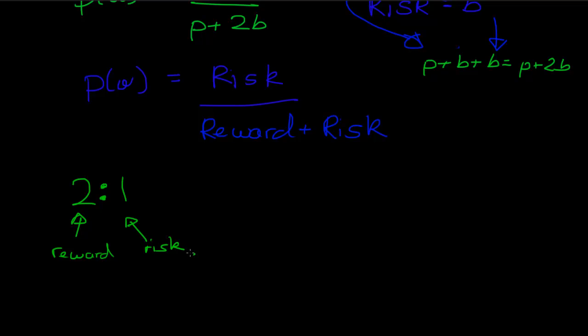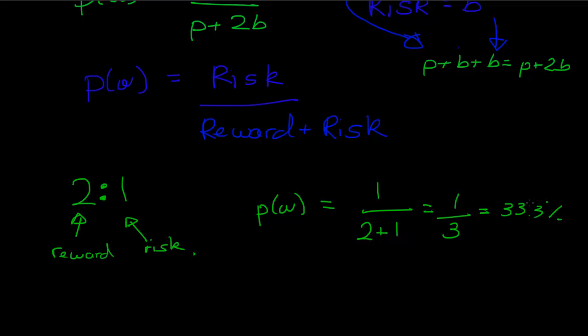So substituting that in, the probability that we win, or our equity, equals our risk, which is 1, over our reward, which is 2, plus 1, which equals 1 over 3, which is 1/3, which equals 33.3%. So to break even, our hand needs to win 33.3% of the time.